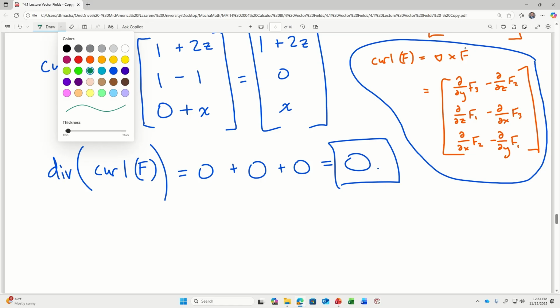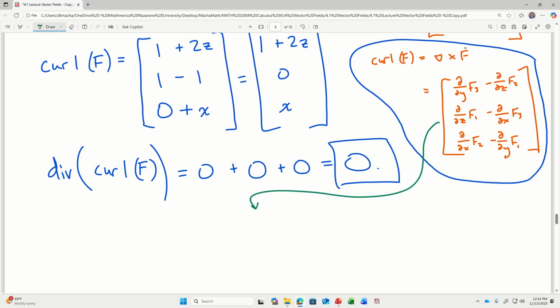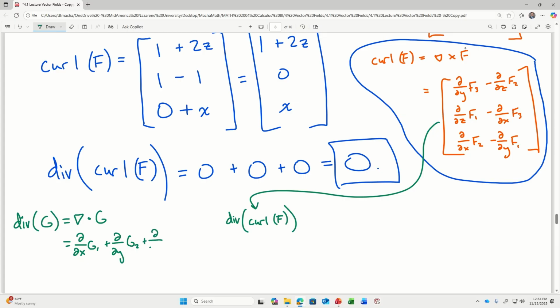So without plugging in anything specific, now if I take the divergence of the curl of f, remembering what the divergence means, right? If I've got the divergence, that's going to be the dot product between my gradient operator and g. So that's going to be the partial with respect to x of g1 plus the partial with respect to y of g2 plus the partial with respect to z of g3.